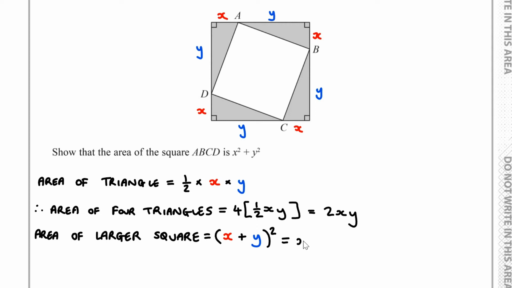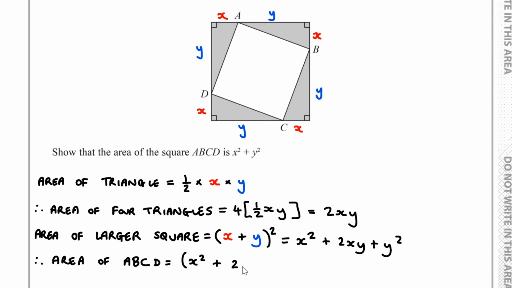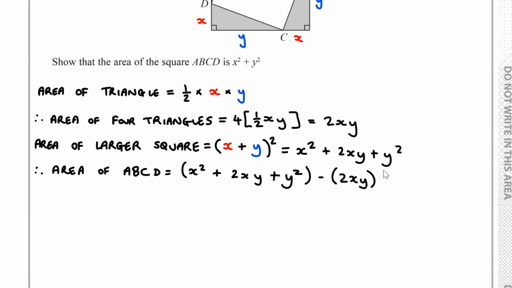So here we've got x squared plus 2xy plus y squared, and therefore the area of the square ABCD is equal to x squared plus 2xy plus y squared minus the 2xy from here. So it turns out here we get x squared plus y squared.